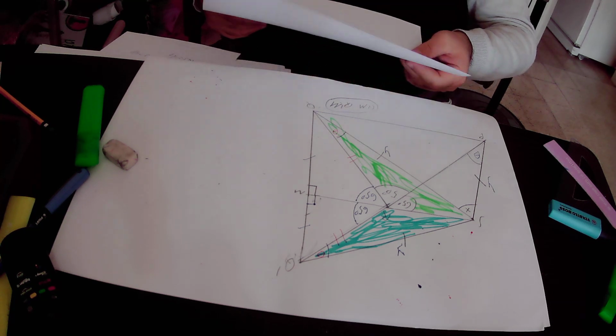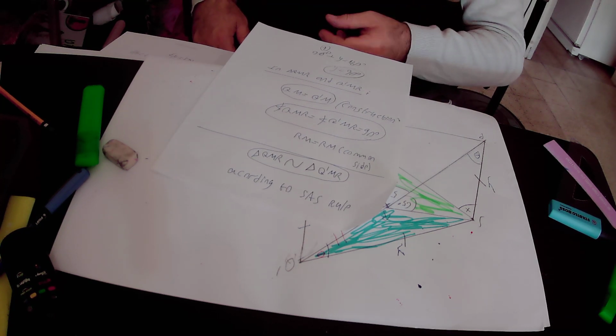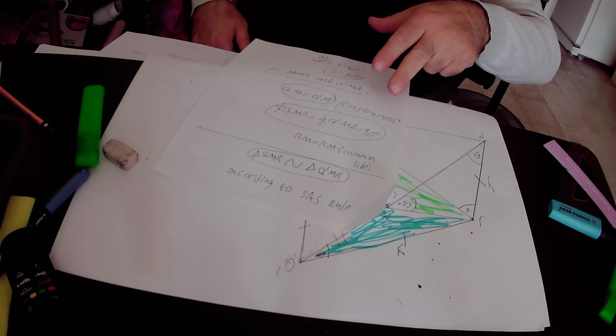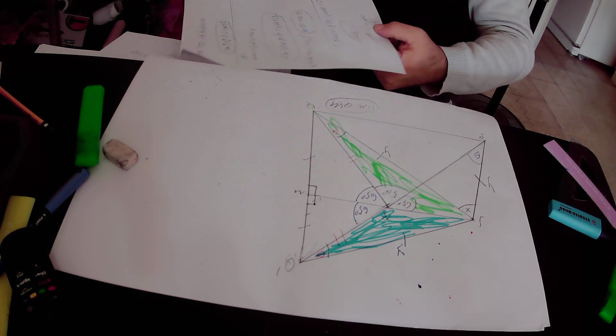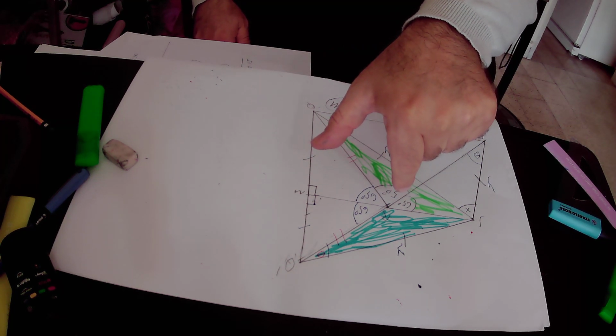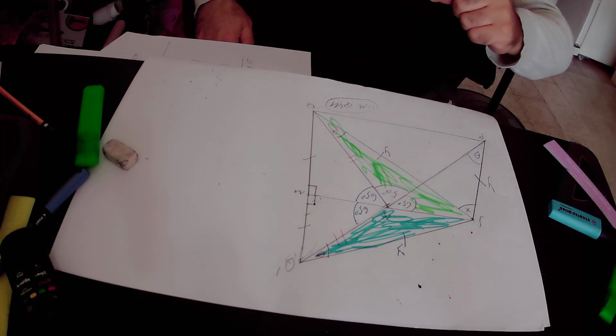So angle QMR equals angle Q dash MR and they are both equal to 90 degrees. And RM is the common side, it belongs to both triangles, so RM equals RM.